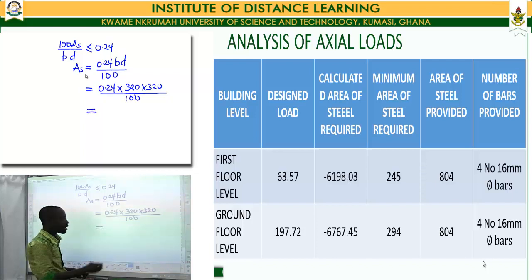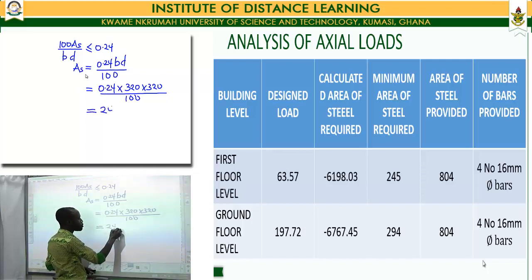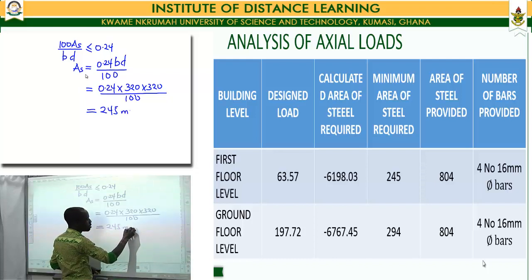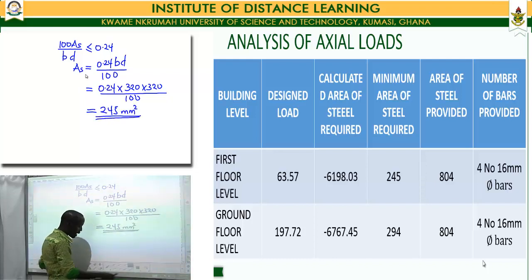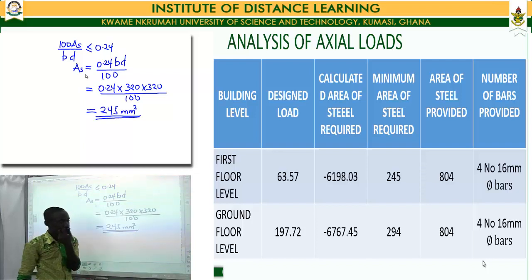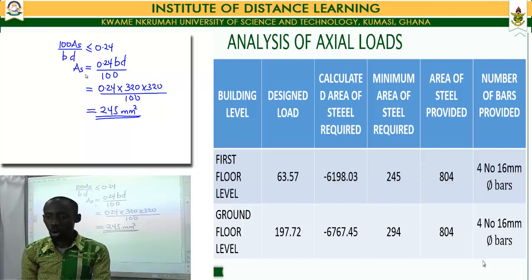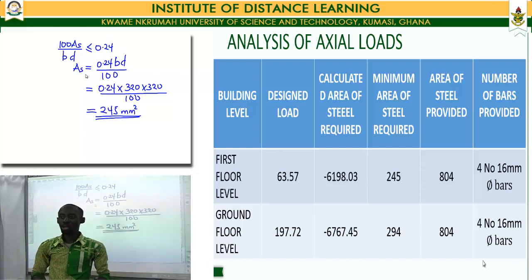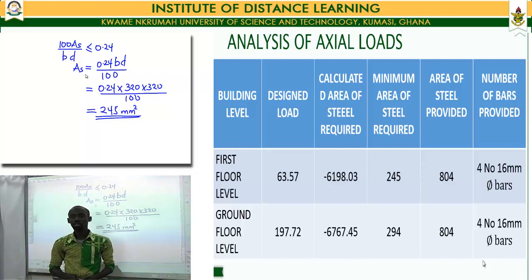Now this gives us a value of 245 millimeters squared as the minimum area of reinforcement that we are supposed to provide to our section.